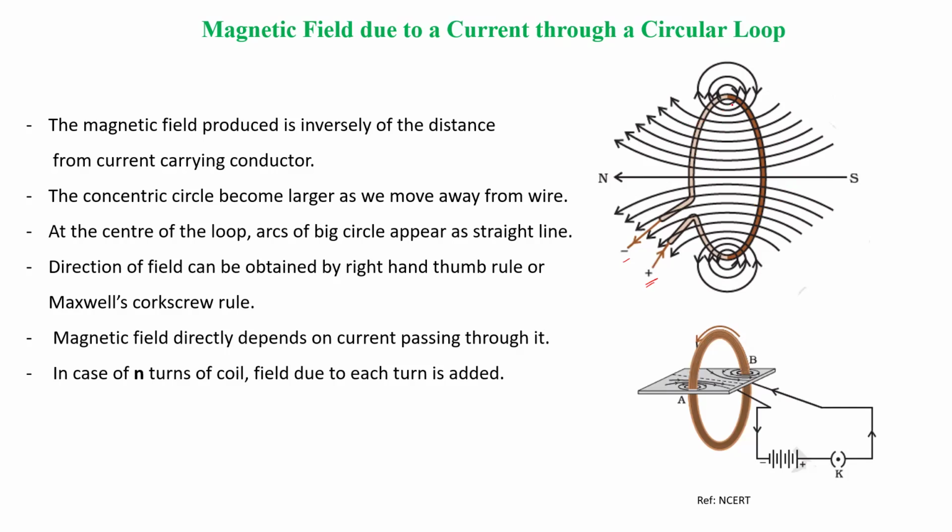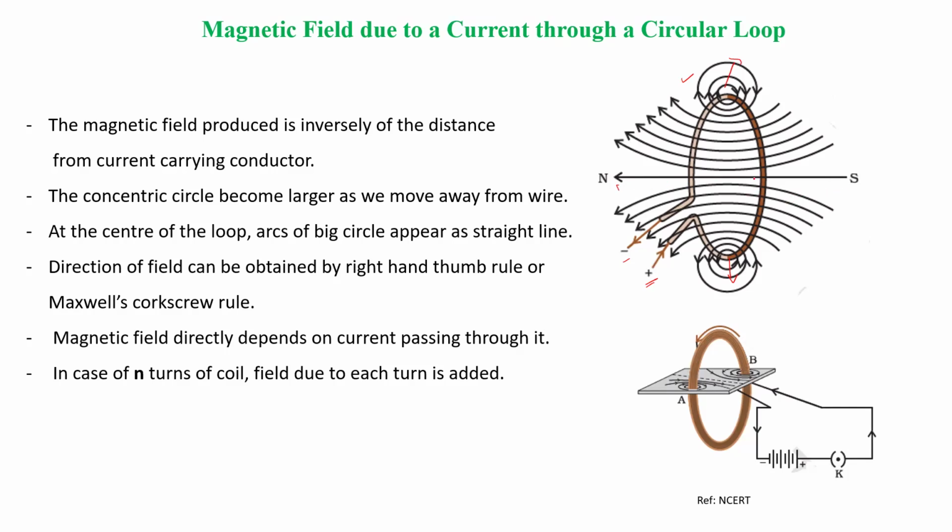When we are close to this current carrying coil, you'll see that the size of the circle is small, but when we move away from the coil, the size of the ring increases. Similarly, at both ends the situation is the same. When we move away from both sides and come to the center of the coil, the circle becomes very big, so that this arc, the curved path, will look like a straight line.